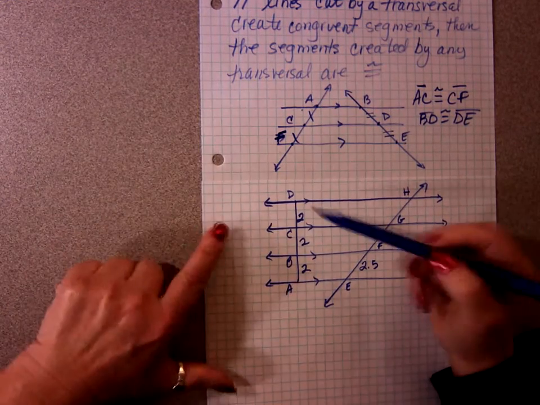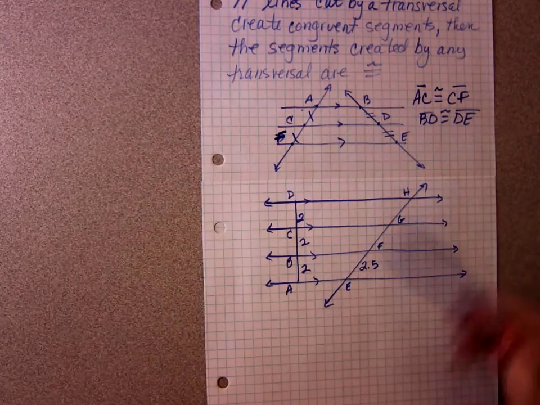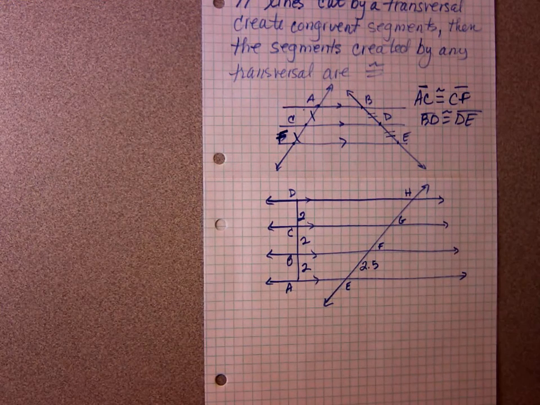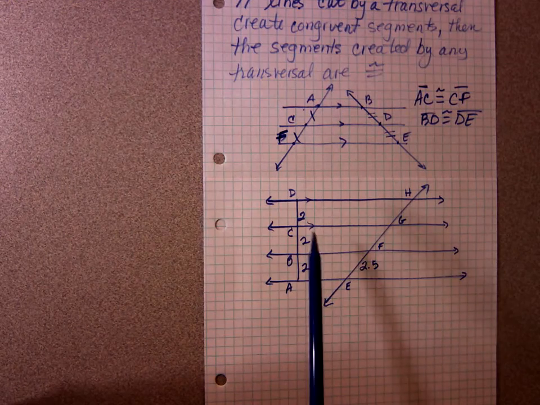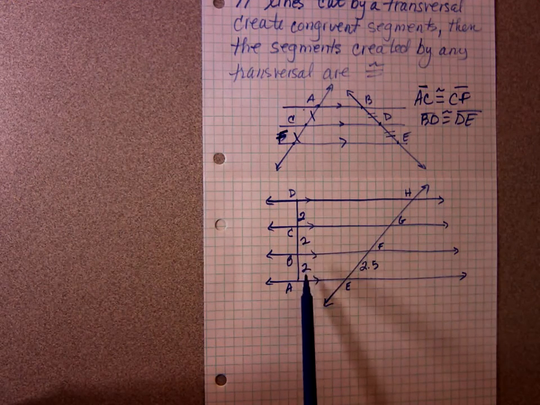They're cut by this transversal, they're cut by this transversal, and we don't know everything about this side, but we do know all of the segments here. So these are all equal.